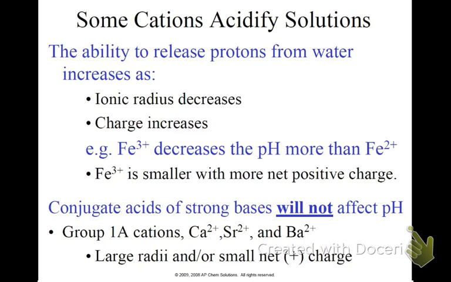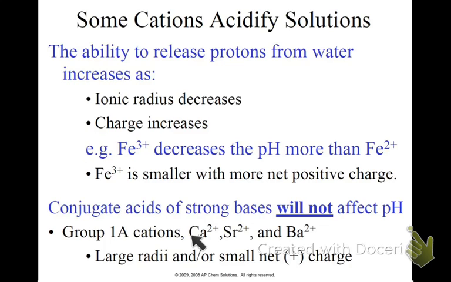Also, as a secondary result, as the charge gets more positive, the ion gets smaller, so the ionic radius of Fe3 plus would also be smaller than it is for Fe2 plus. And the reason for this getting smaller goes hand in hand with the same idea. So ionic radius decreases, charge increases, and that's why Fe3 plus would lower the pH even more than Fe2 plus.